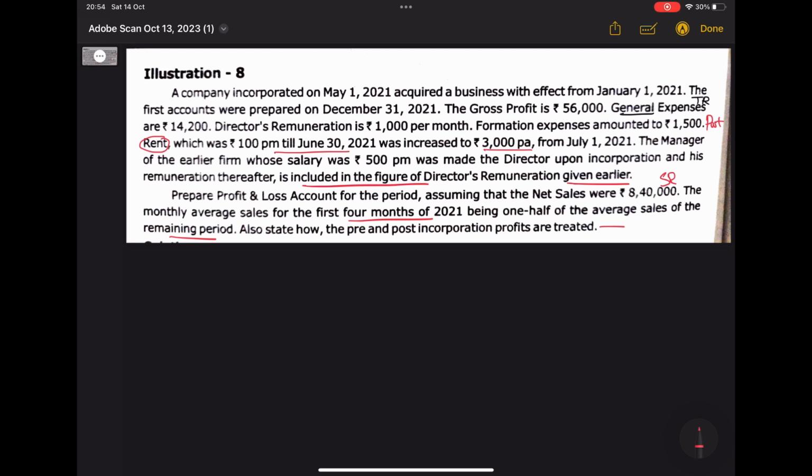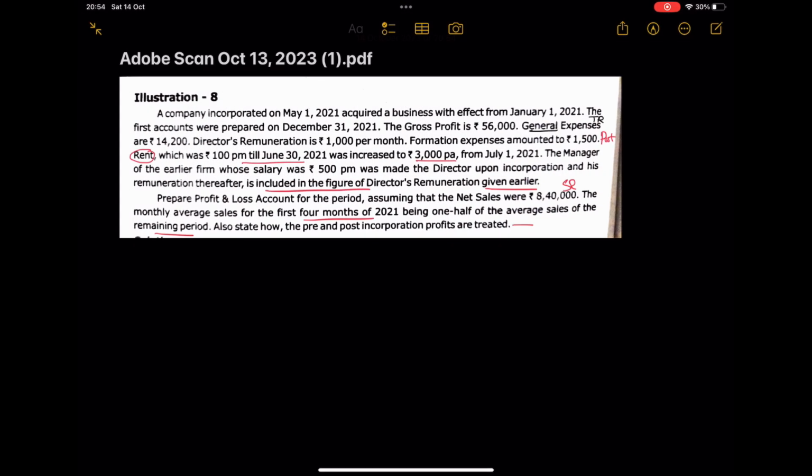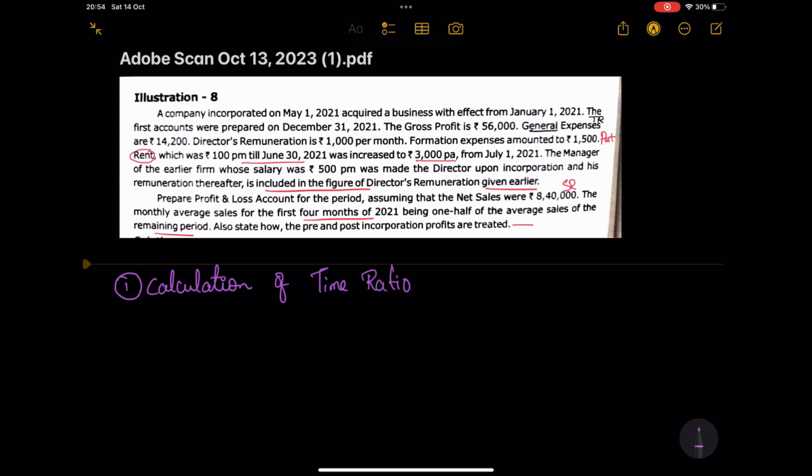It might look a bit difficult, but it is such a simple question, you don't need to get any confusion. One by one we will start from the first step, that is calculation of working notes. Under working notes we will be calculating first one, calculation of time ratio. First we'll start from the easier things, guys.